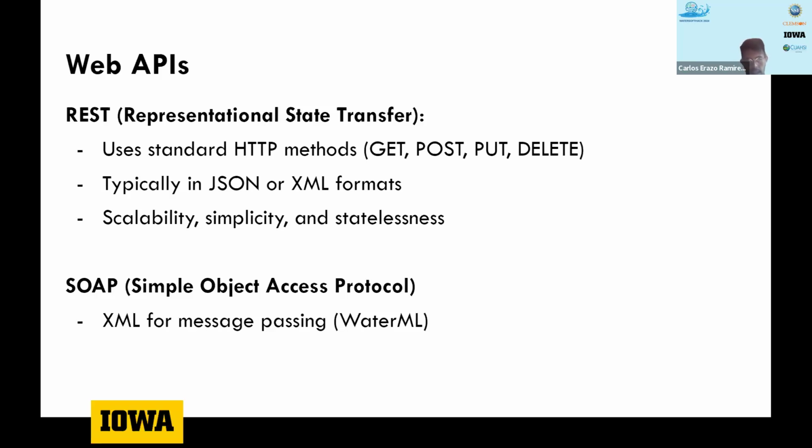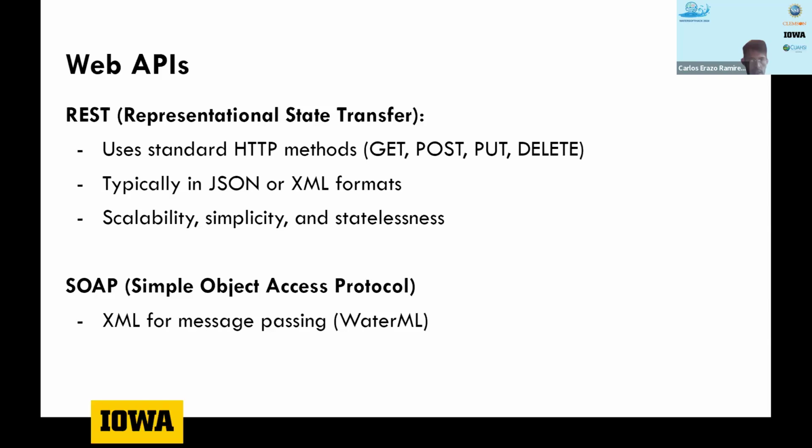And typically it's in JSON or XML formats, the formats that we were talking about before, but you can also get data in binary format and then you just transform it. For instance, I've seen people getting binary data for shapefiles or for some other formats. For example, an XCDF file, and then you just transform it from the binary.